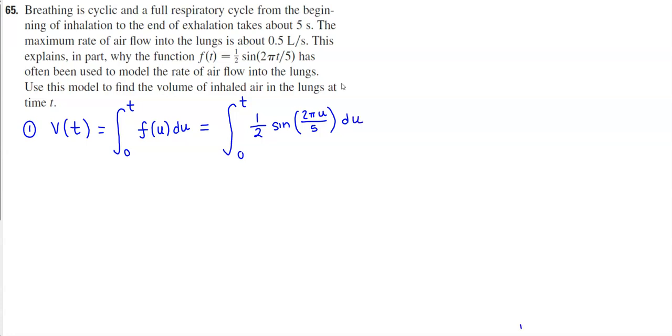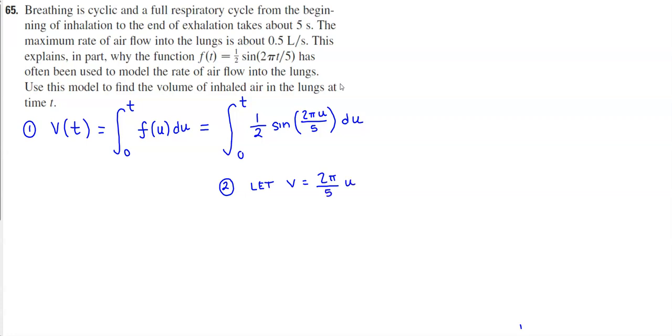So now we're going to go ahead with a substitution. Because we're already using u as a variable, we're going to let v equal our substitution, which is 2 pi over 5 u.